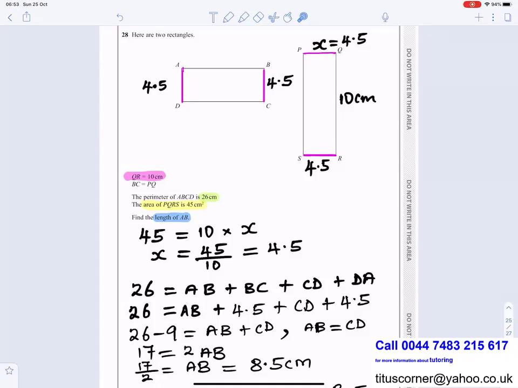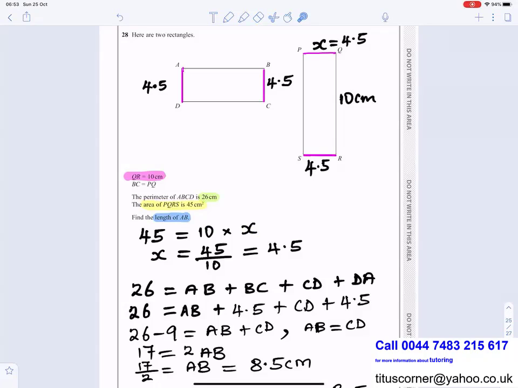To work out the length of AB, let's use the first information given to us. The area of PQRS is 45. You work out area by multiplying the length times the width. 45 is equal to 10 times x. Let's call the width x.